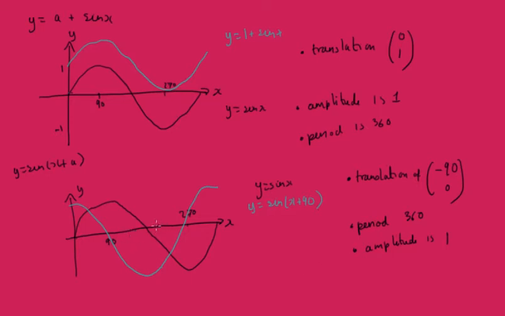Now, interestingly, our turquoise curve is actually a cosine. So what we've discovered here, y equals sine x plus 90, is the same as cosine of x.